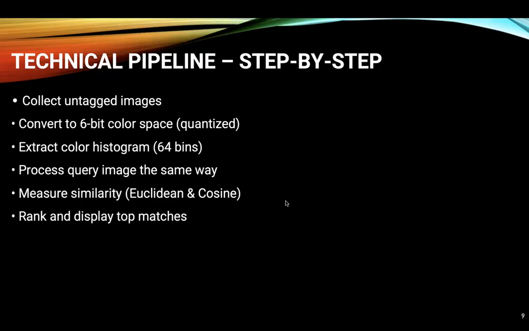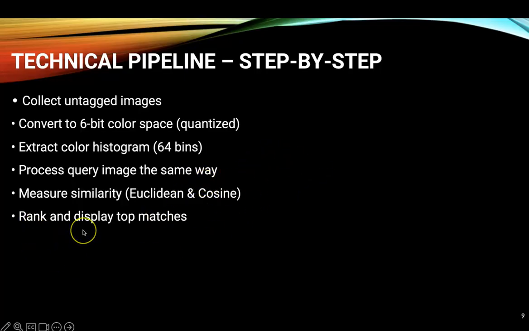Then we process the query image the same way. Then we measure the distances between them, which is the measure of similarity. In our project, we used Euclidean distance, which is the square root of the sum of squared differences between two images, which I'll be talking about in the next slide too.